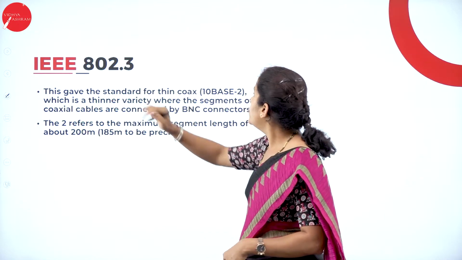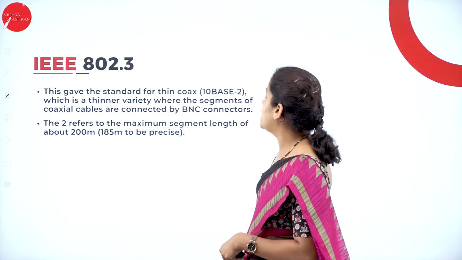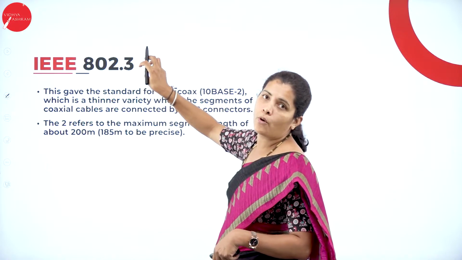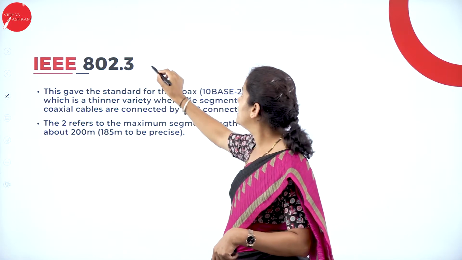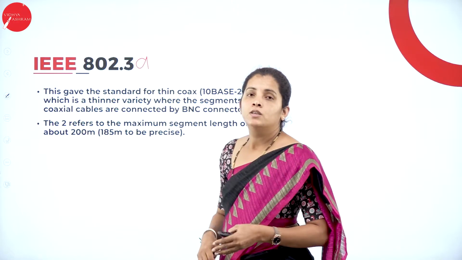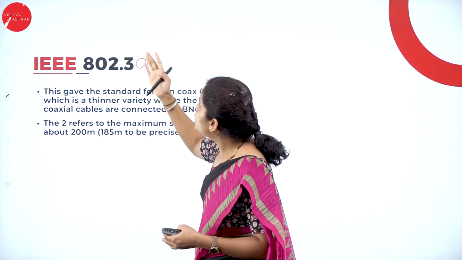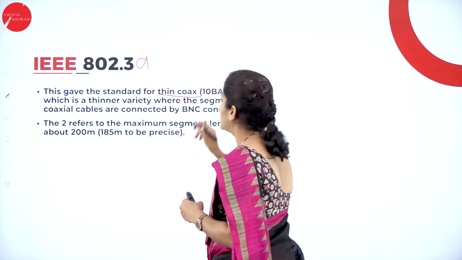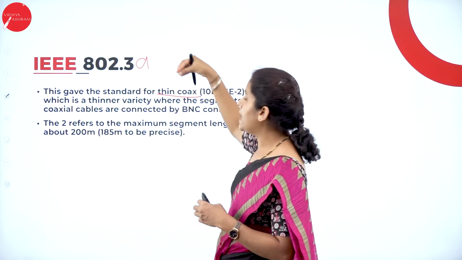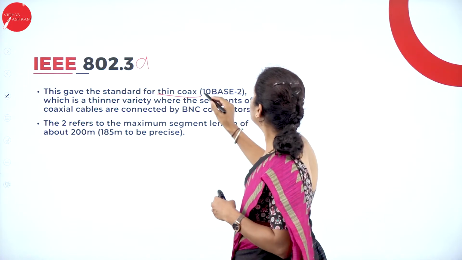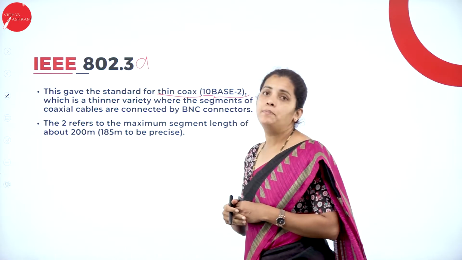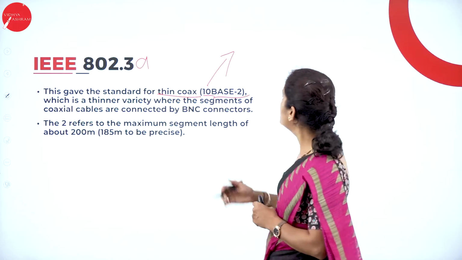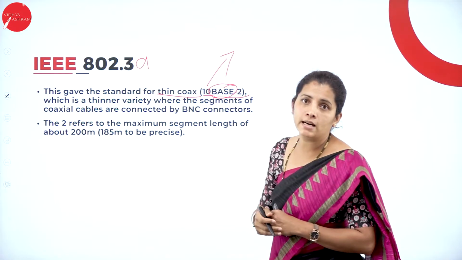Once again, we are going to get another type, that is IEEE 802.3A. Here 802.3A is mainly used in coaxial. That means this gave the standard for coaxial and it is represented by 10 base 2, where 10 is the data transfer rate, base is baseband transmission.